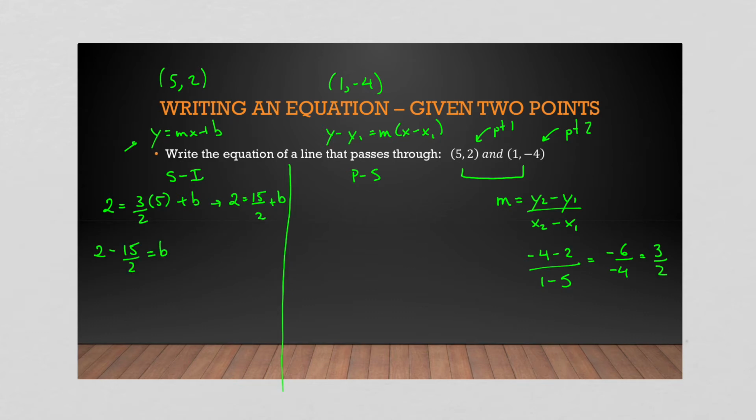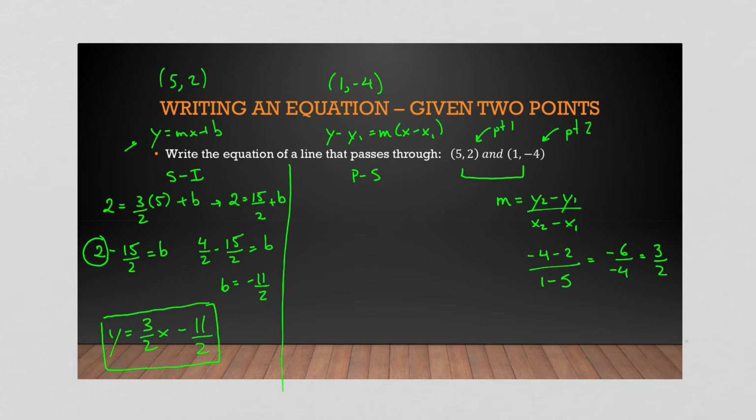And then I need a common denominator for this 2. So 2 is equal to 4 over 2. So we will just go 4 over 2 minus 15 over 2 equals b. So b equals -11 over 2. So with that information, we can then just write the equation y equals 3 over 2x minus 11 over 2. So that is the equation of the line that passes through the 2 given points.